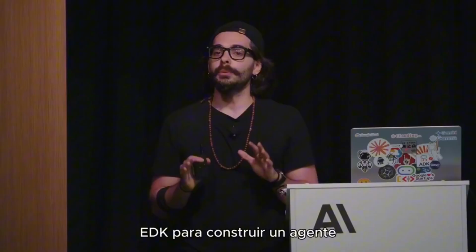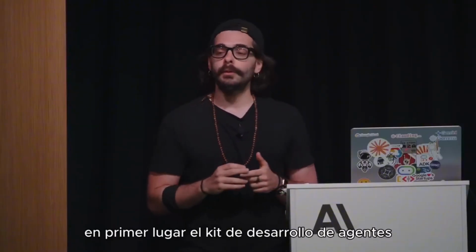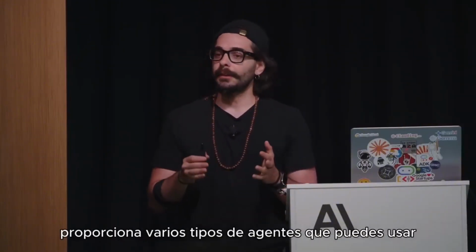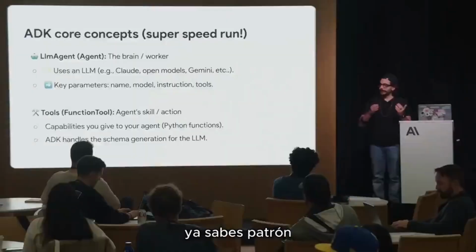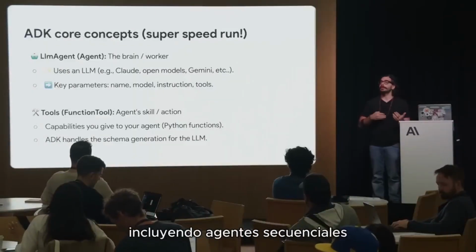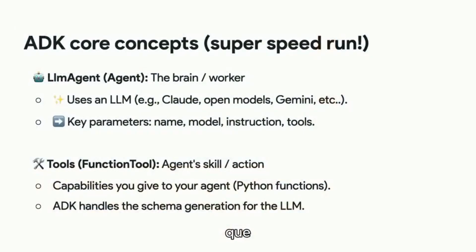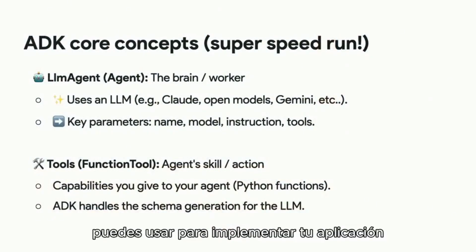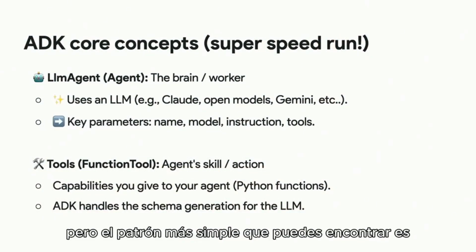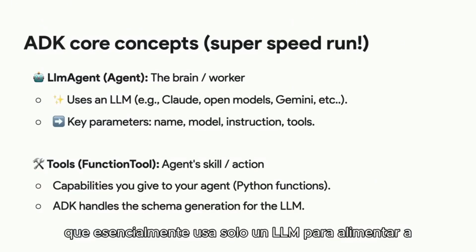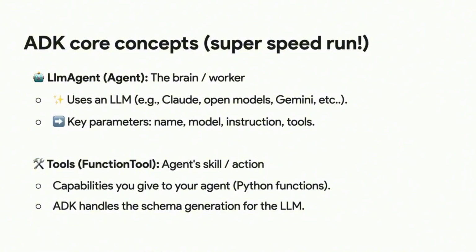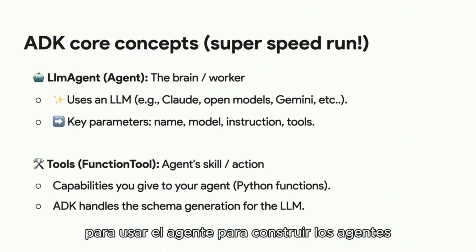In order to build an agent with the Agent Development Kit, first of all, it provides several types of agents that you can use. It has some pre-built agentic patterns, including sequential agents, that you can use to implement your application. But the simplest pattern is the LLM agent, which essentially uses just an LLM to build the agent.